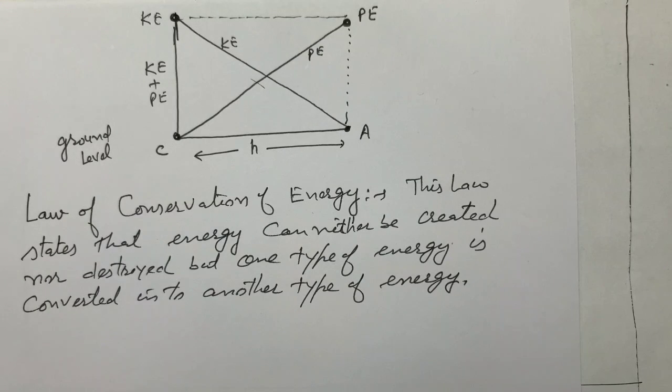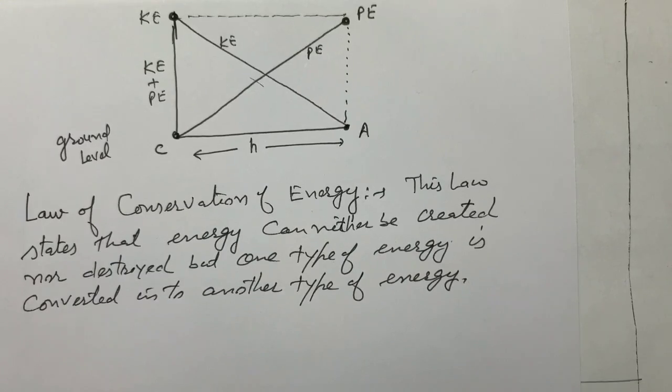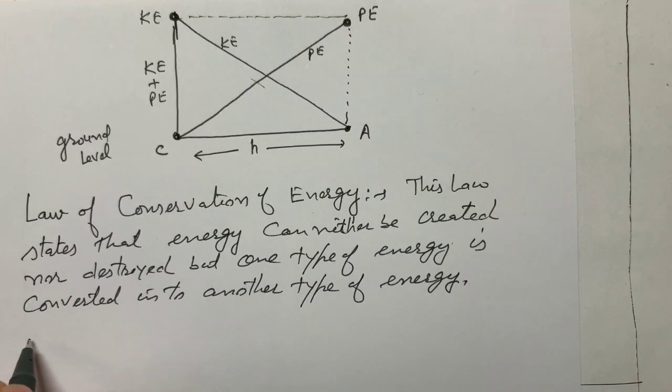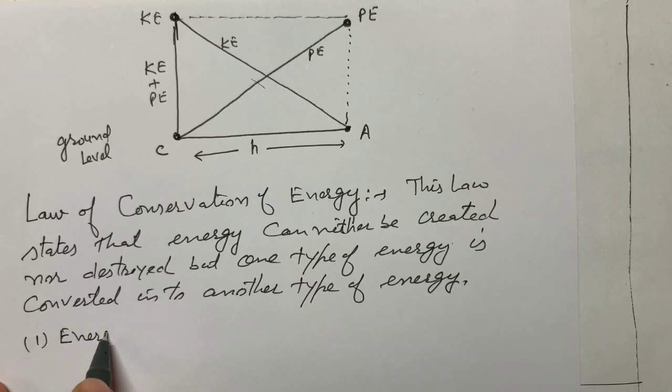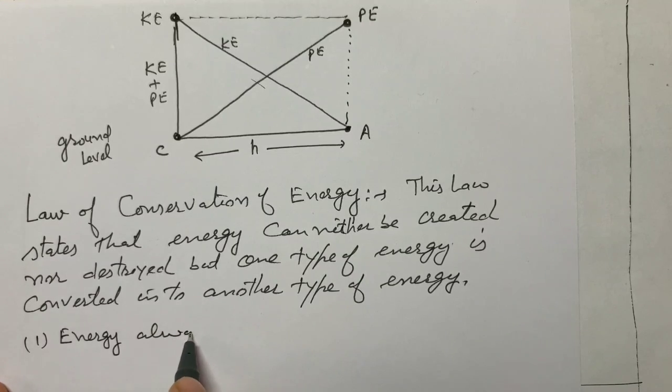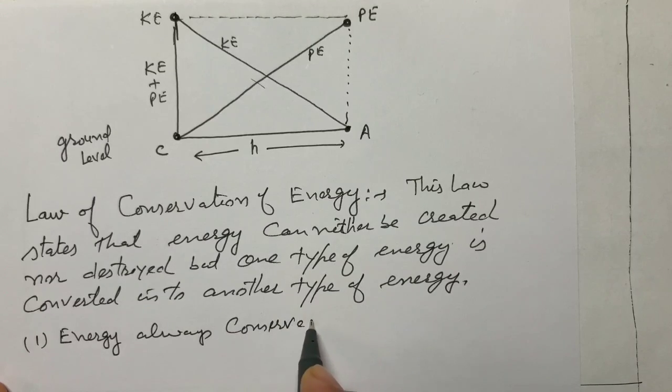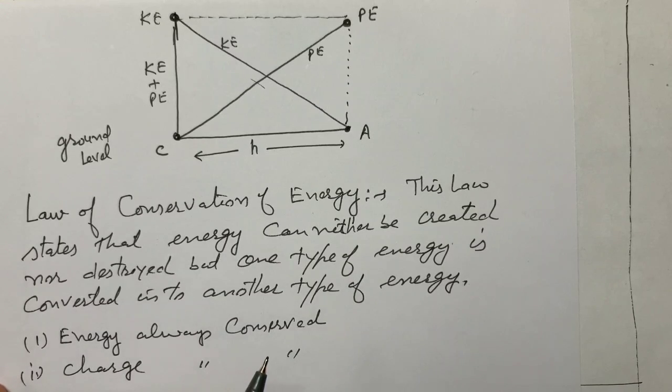Dear students, in the universe there are only three things which are conserved. One is energy, always conserved. Second is charge, always conserved, neither destroyed nor created.